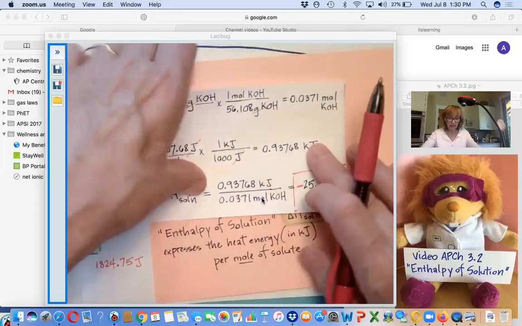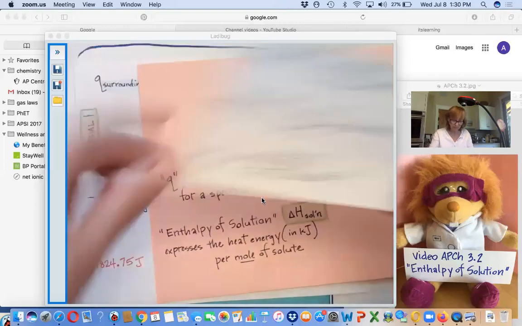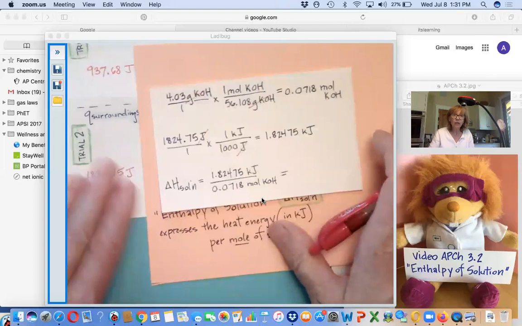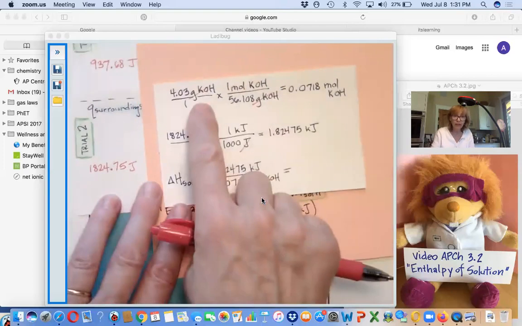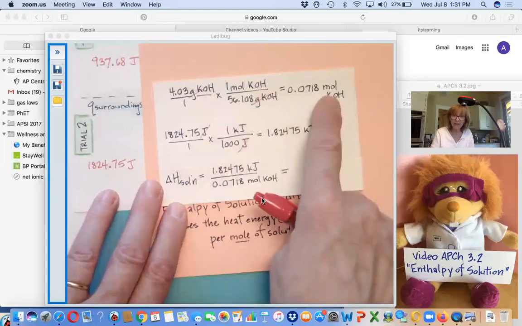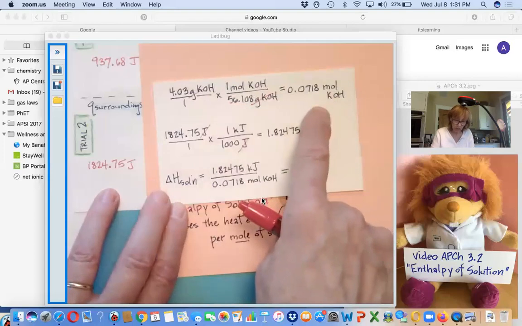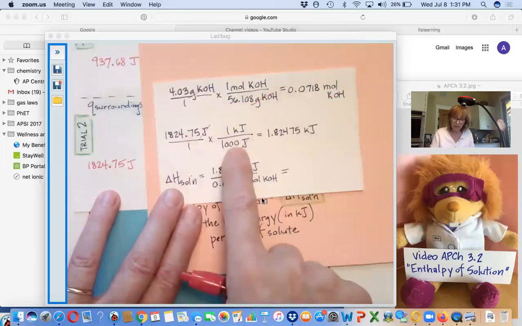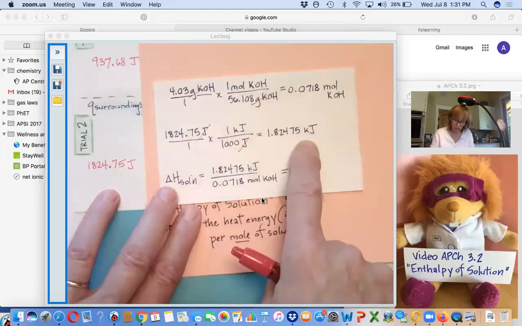Let's see what we get for trial 2. Trial 2 used 4.03 grams of potassium hydroxide. Use molar mass to change that into moles of solute, and then take the Q that was measured in the lab and divide by 1,000 to express it in kilojoules.